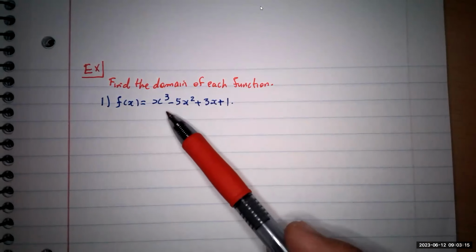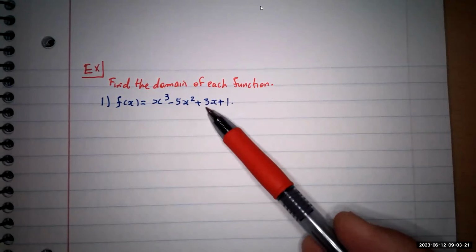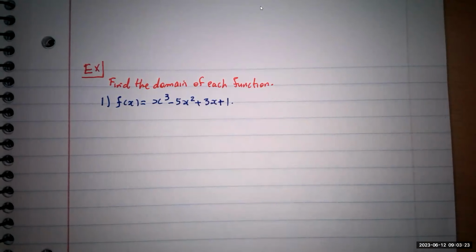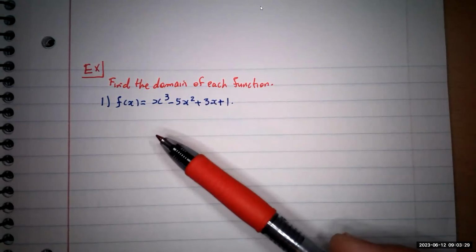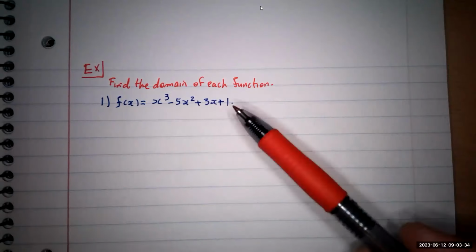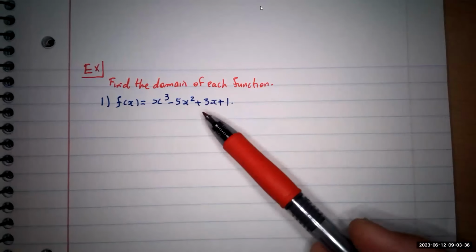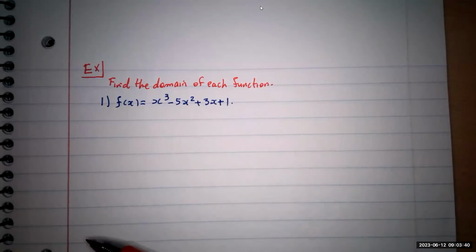So for that x, which is a number, the function would do addition, subtraction, and multiplication. Just think about it. When you want to add or subtract or multiply, is there any restriction that you cannot do it? You know that we can add, subtract, or multiply any number.